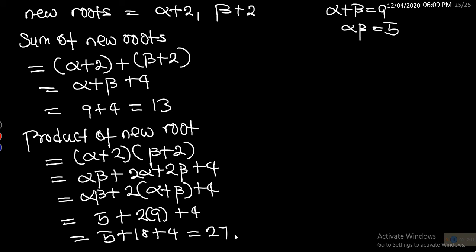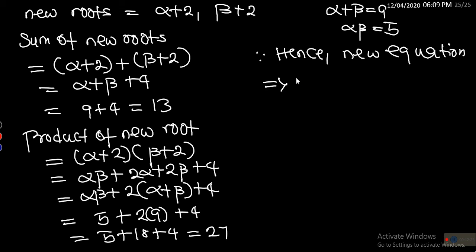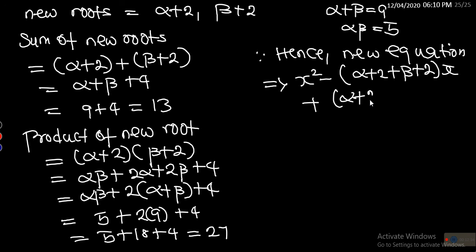Okay, so we then have the new equation. Hence, the new equation implies x squared minus the sum of new roots, which is alpha plus 2 plus beta plus 2, x, plus the product of new roots, which is alpha plus 2 into beta plus 2, equals 0.